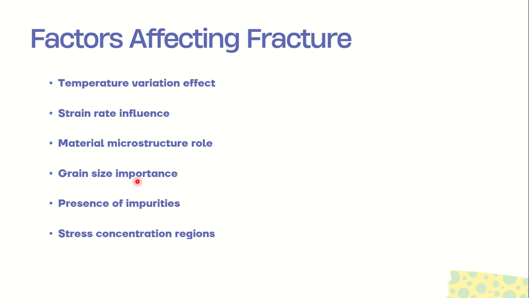The presence of impurities as well as homogenization also plays a main role in the material. If we have more impurities, we will get brittle nature. If we have fewer impurities, we will get ductile manner or ductile fracture. Then stress concentration regions.